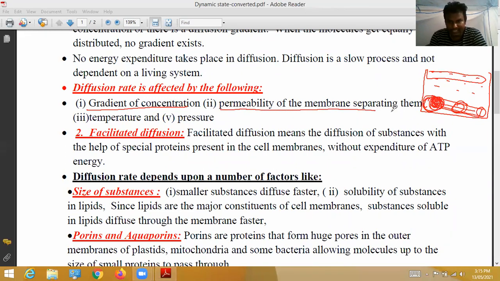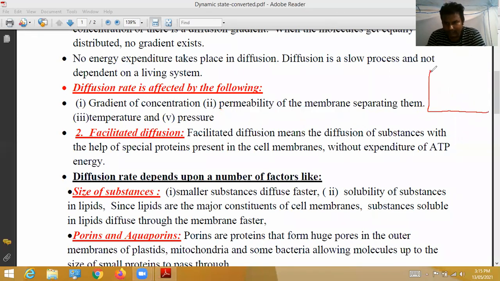Permeability of the membrane separating them. See here, generally in some cases, actually for diffusion, permeability, any membrane is not needed. If a membrane is there in between these two, it will keep one membrane, then diffusion does not take place.